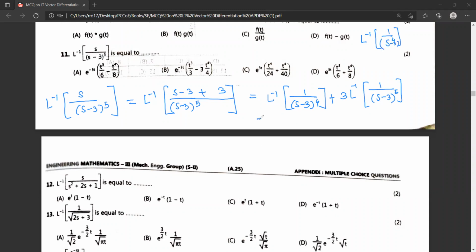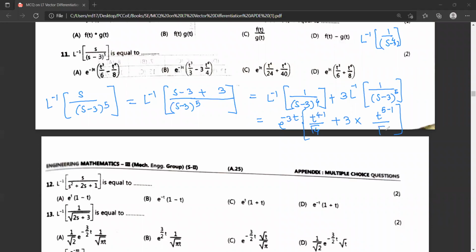So this answer is going to be e raised to 3t, applying the shifting property, times L inverse of 1 upon s raised to 4, which is t raised to 4 minus 1 divided by gamma of 4, plus 3 into t raised to 5 minus 1 divided by gamma of 5, obviously multiplied by e raised to 3t, since both have the shifting property.